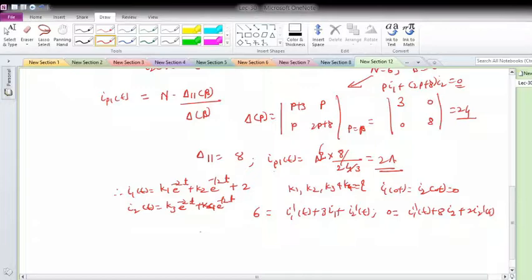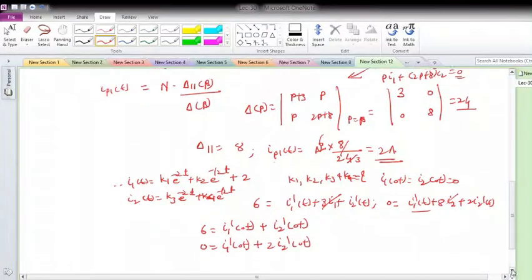So 6 will be equal to I1 dash of 0 positive plus 3 I1 0 positive, but I1 0 positive is 0. So this will vanish, leaving only I2 dash of 0 positive. And from here, 0 equals I1 dash of 0 positive plus 8 I2 0 positive, which is also 0. So this will also vanish, leaving only 2 I2 dash of 0 positive.